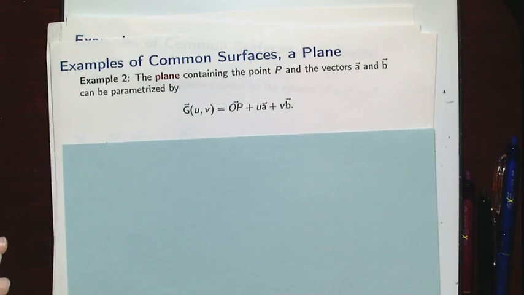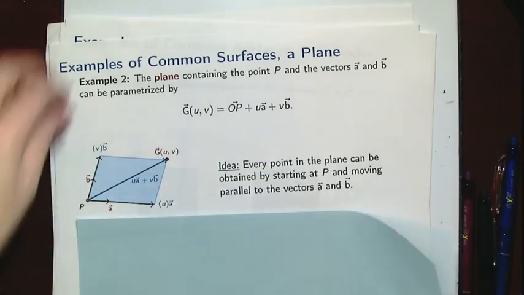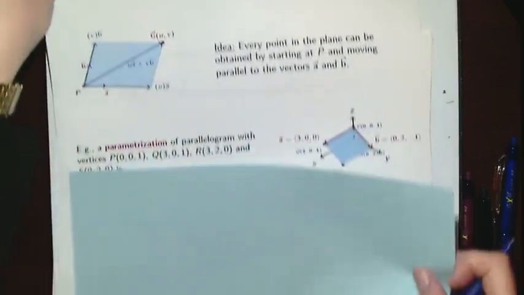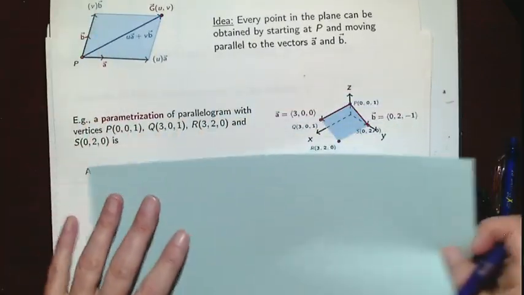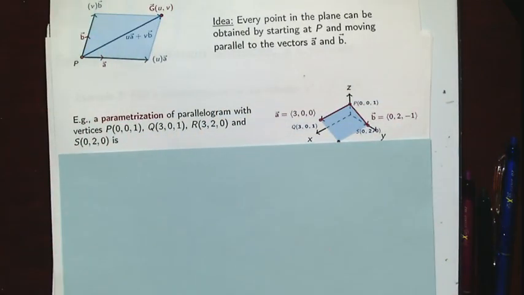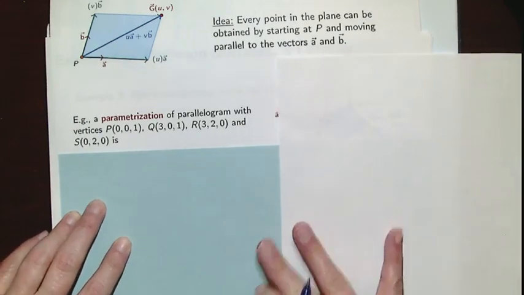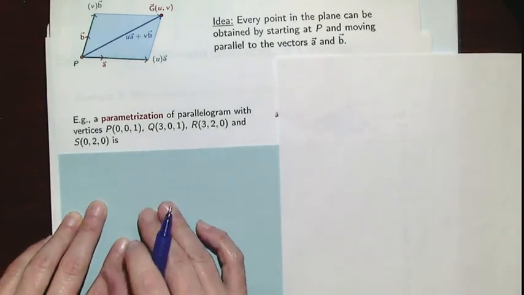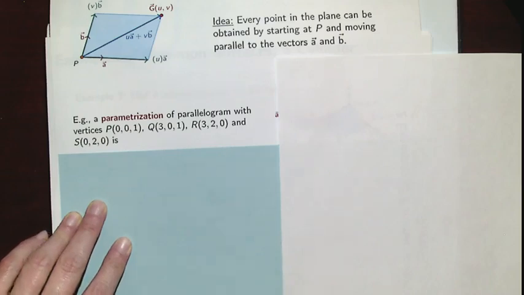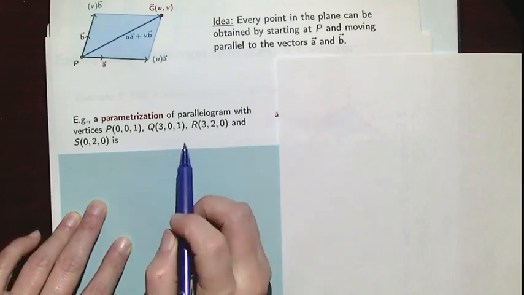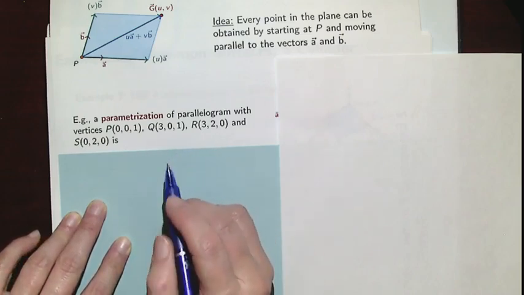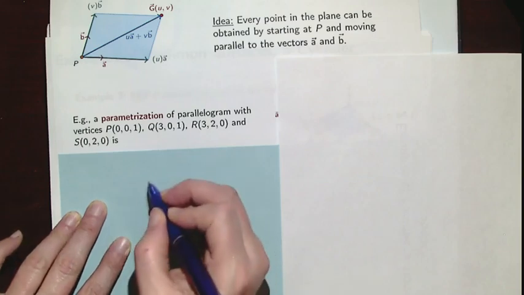Now I want to do this example. I'd like to parametrize a parallelogram this time, and let's take a look at the difference. Before I parameterize the parallelogram, I want to draw it.